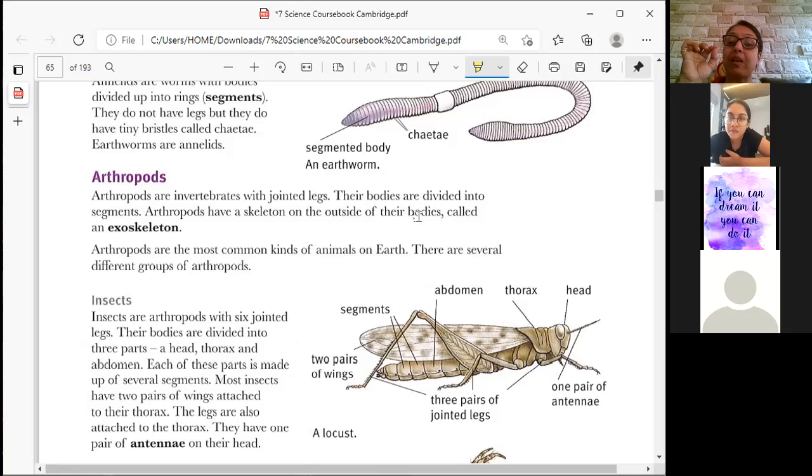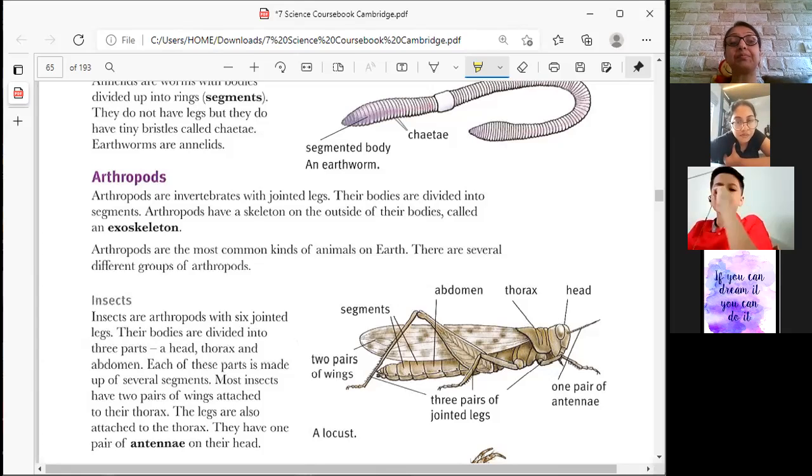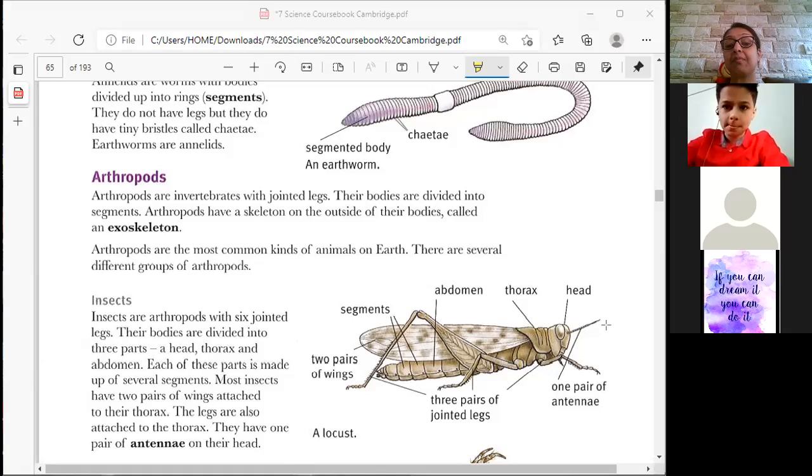So insects, when we talk about, what should they have? 6 joint legs. Their bodies can be divided into 3 parts: the head, the thorax, and the abdomen. Here, when we are looking at the photo of a locust, can you see the body is divided into three?